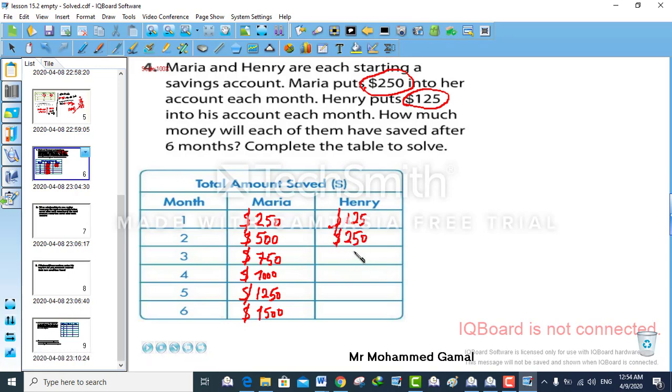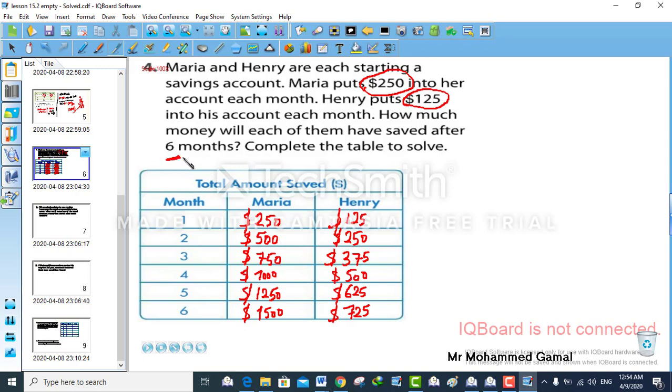Another 125, so it's going to be $375, plus 125 is going to be $500, plus 125, $625. Finally, $725.